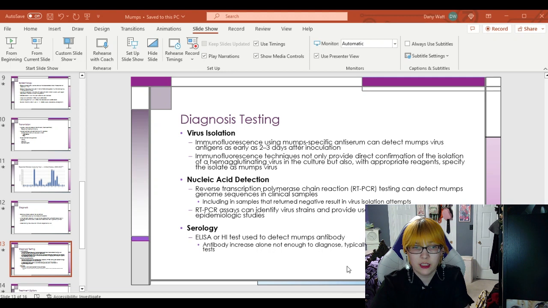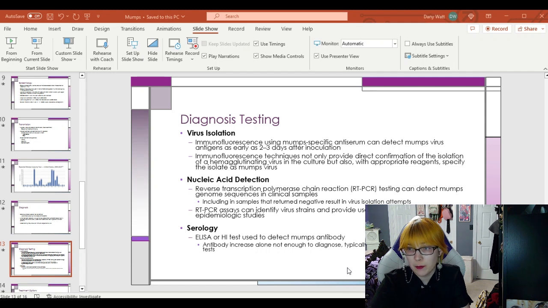And then finally, serology can check if you have the antibodies. So that's going to be your blood testing to see if you've got an immune response to it, and that uses the ELISA or HI tests. But having the antibody alone is not enough for a diagnosis because you could have it naturally.